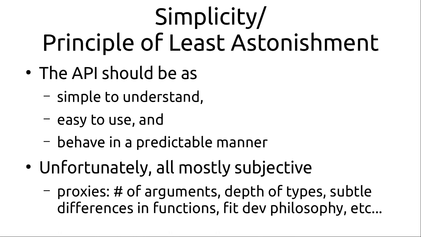Right? These are all very subjective, so you can get into endless discussions about all of these things, but there are some proxies for these types of things. The number of arguments to functions might be seen as contributing to a lack of simplicity in being able to understand and use functions if there are many arguments.